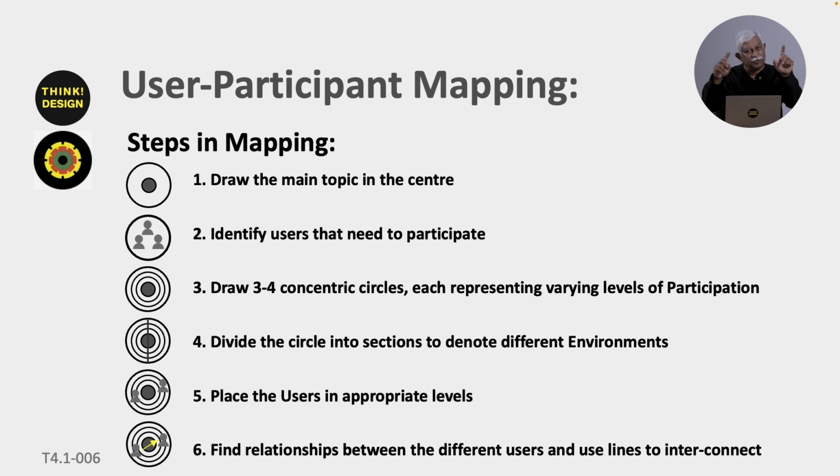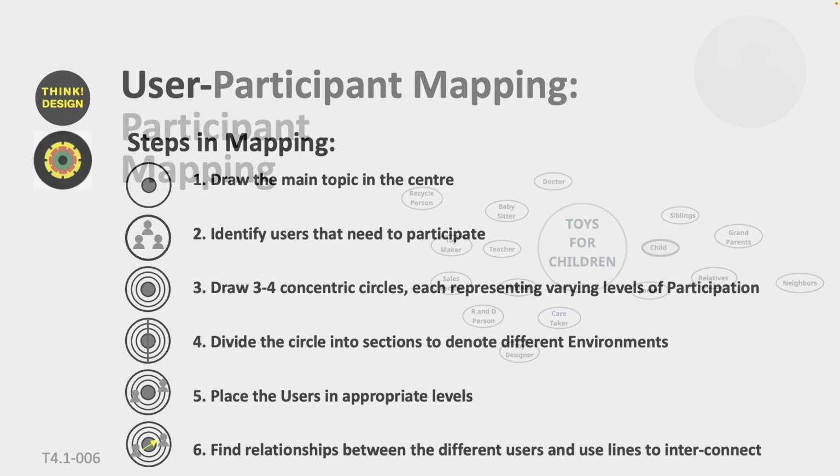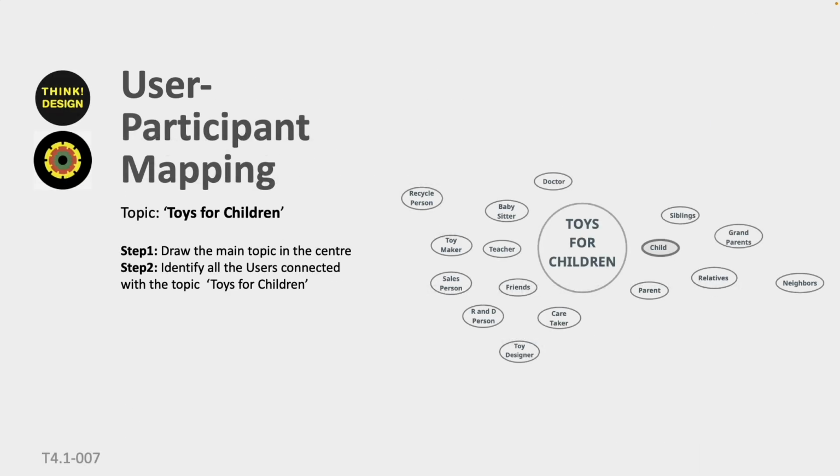Then you can find relationships between the different users and see how they are interconnected with each other. So these are the steps. Draw the topic in the center, identify the users that need to participate, draw the circles, divide the circles according to environment, place the users in appropriate levels and find their relationships. So let's look at it through an example.